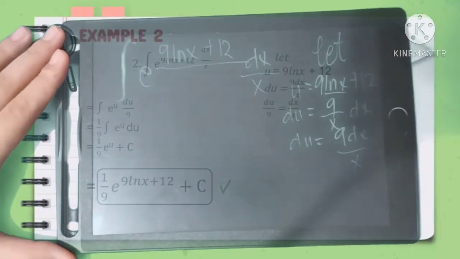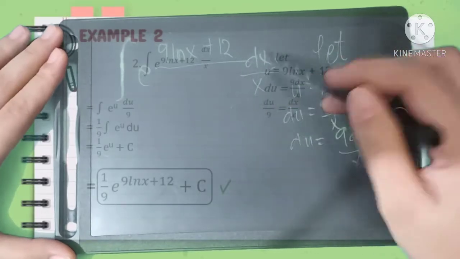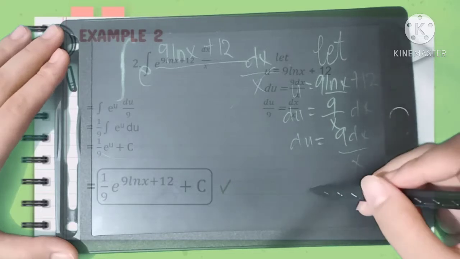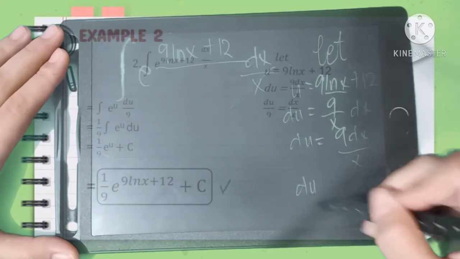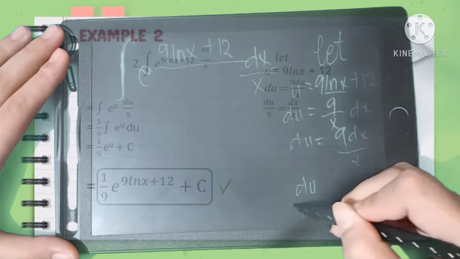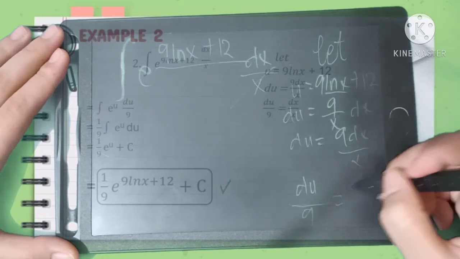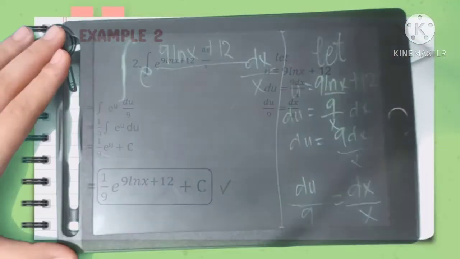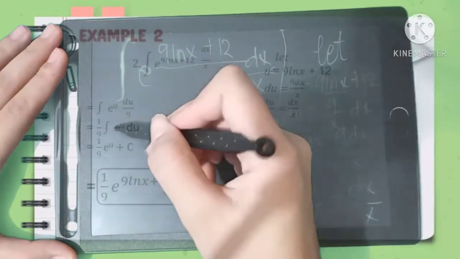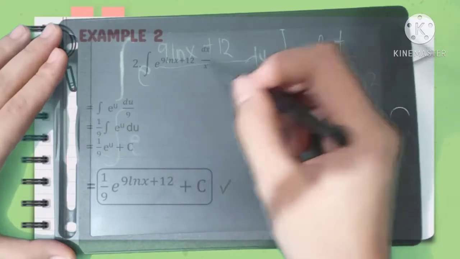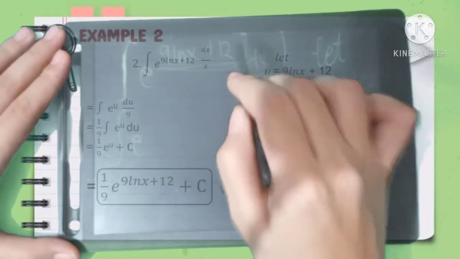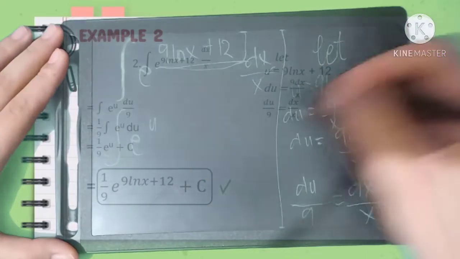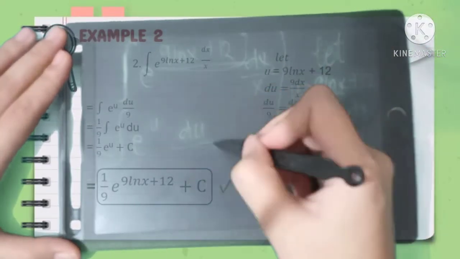So, since ang need lang natin i-cancel is dx over x at walang 9 para maging du, that would be du over 9 equals dx over x, right? So, ayan. By that, pwede na tayo mag-substitute, and that would be the integration of e, since ito yung ginamit nating u, that would be u muna, and du, since may 9 over 9.